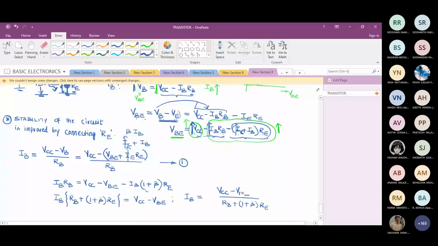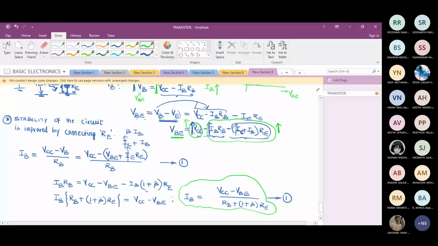So you get a long equation now. What was the equation earlier? It was very simple. Earlier it was VCC minus VBE by RB. Now by adding a resistance RE, the equation has changed. And this is the base current equation. All of you please make a note. If I connect resistance RE, this is the base current. Getting it?